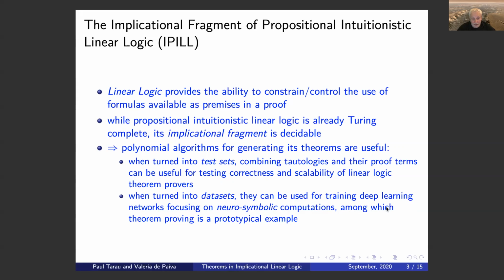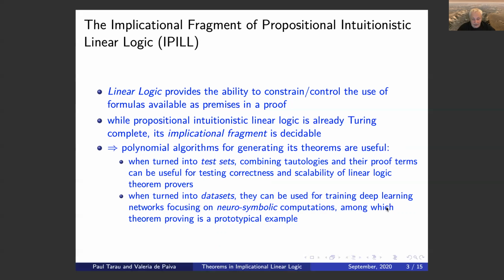Now, polynomial algorithms for generating its theorems are useful when turned into test sets by combining the theorems and the proof terms, the lambda terms corresponding to them, describing their proofs. They can be useful for testing correctness and scalability also for linear logic theorem provers.